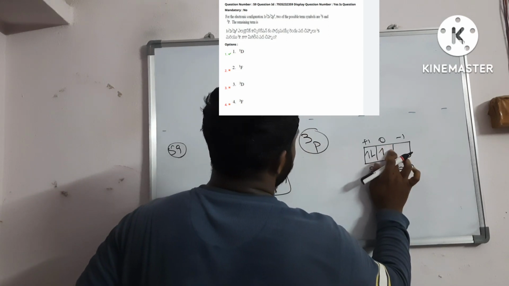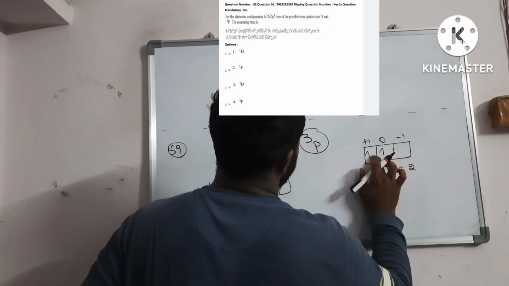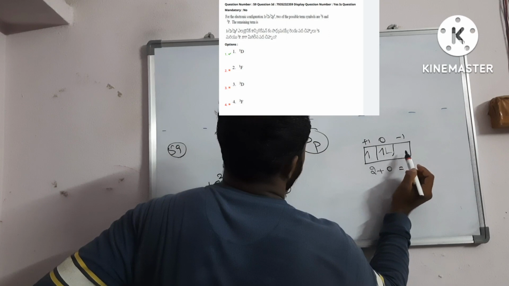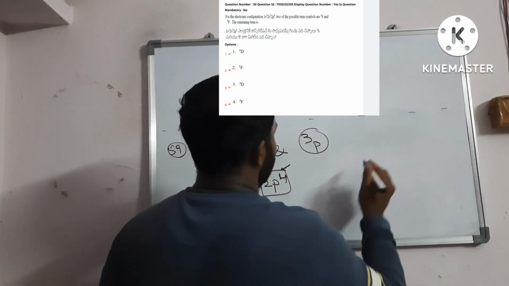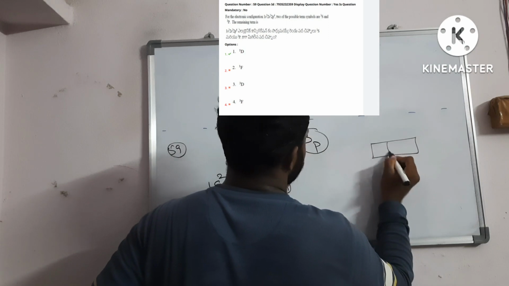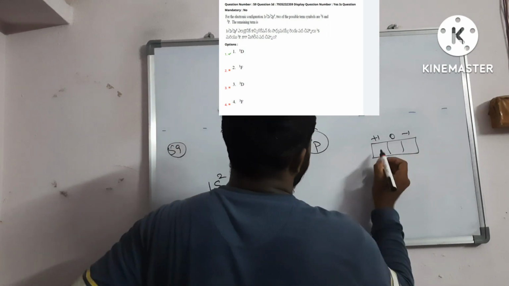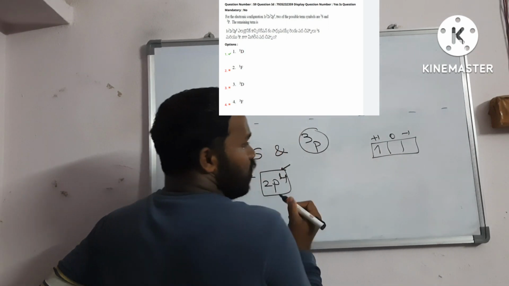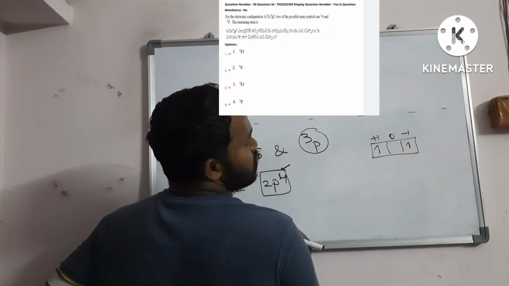Otherwise you can write one more electron here, +1, 0, -1. Is it possible or not? Possible, then here it is also possible.